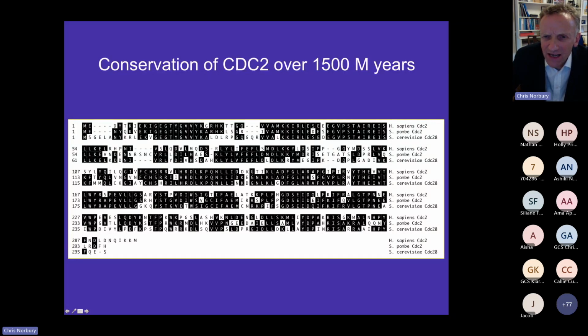And so each letter here represents an amino acid. So E represents glutamic acid, for example, and G is glycine. And where the amino acids are shaded in, they're identical in all three of these proteins, even though we shared a last common ancestor about 1.5 billion years ago.